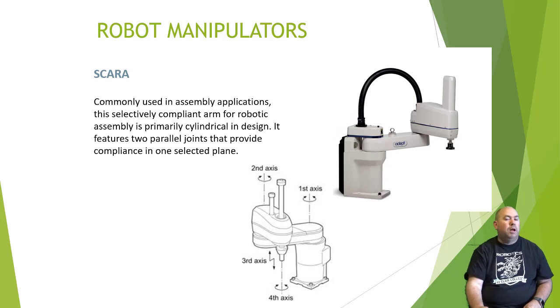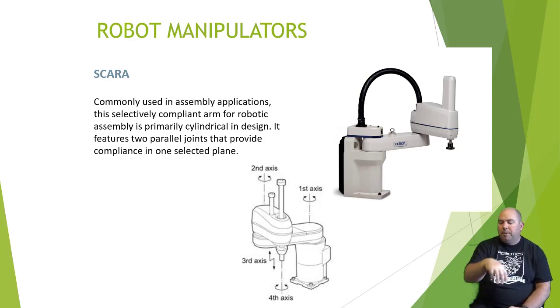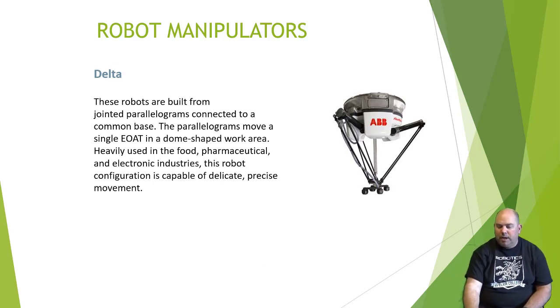The SCARA robot, you'll see these a lot in electronics, pharmaceutical, things like that. Extremely fast motion, but only basically going up and down and picking and placing like that. You'll see some videos of how these things move, but they can go very, very fast.